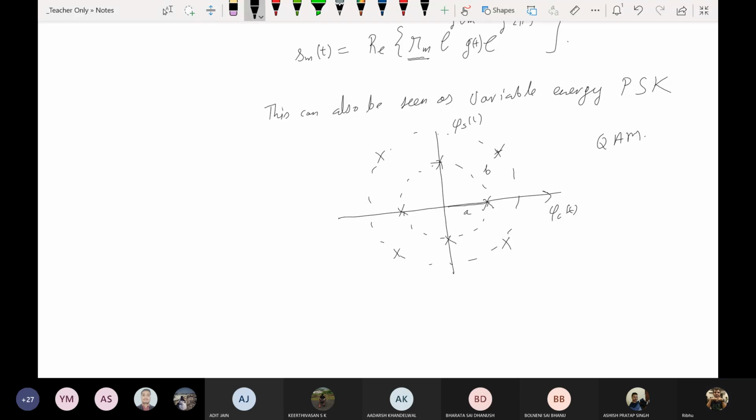Excuse me, sir. Yes, Kirti. Can we go over QAM again in the next class, from the definition of QAM? Sure. But does this make some sense, or absolutely no sense at all?